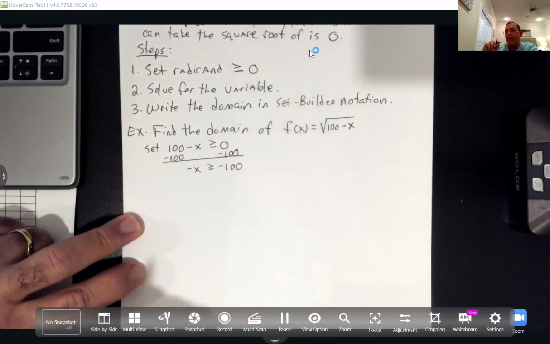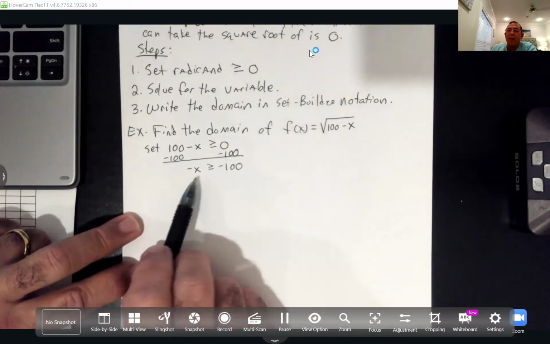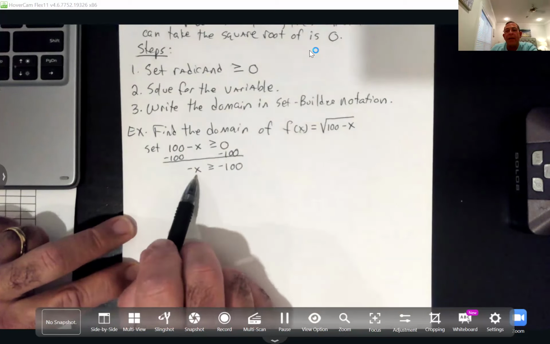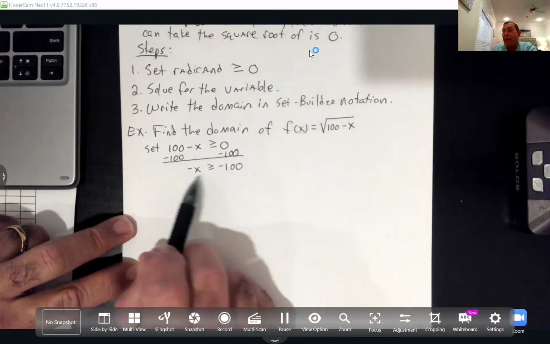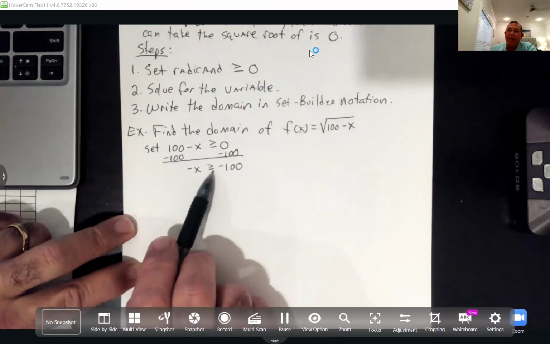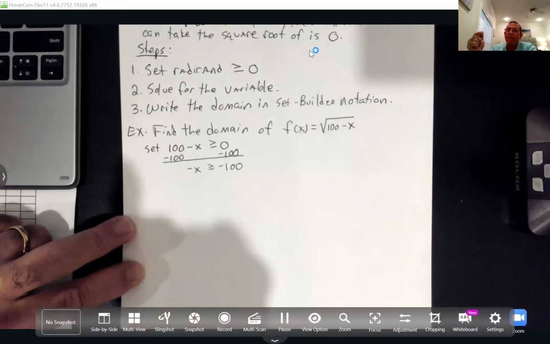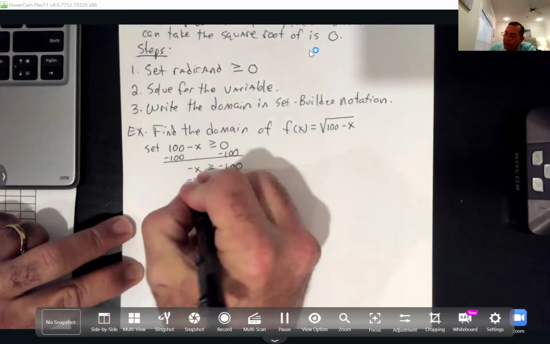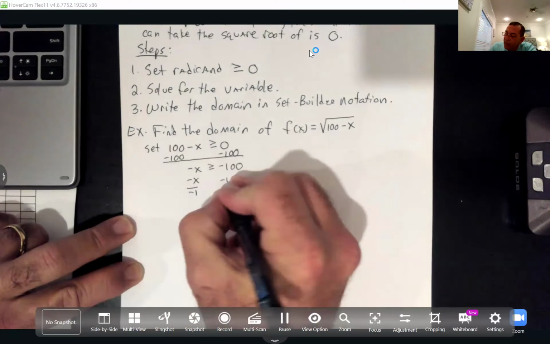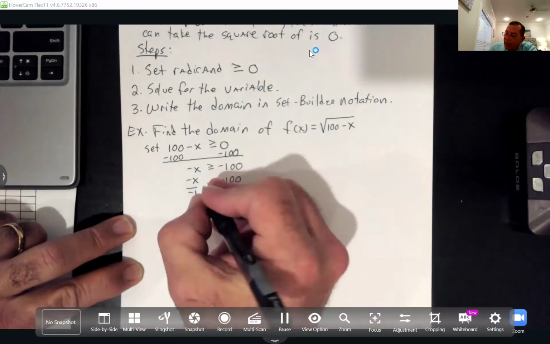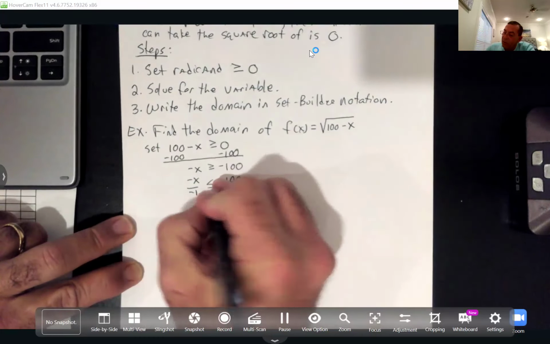So now you got to be very careful because remember, I'm dealing with an inequality. And to make that a positive x, I'm going to divide both sides by -1. And y'all remember, since I'm dividing by negative, I've got to reverse the inequality. So instead of greater than, this will now be less than or equal.